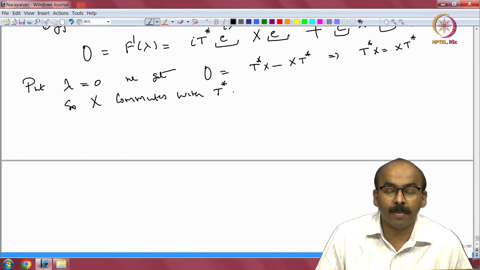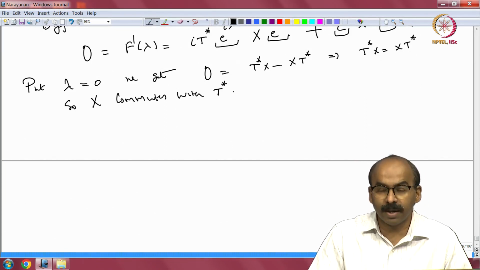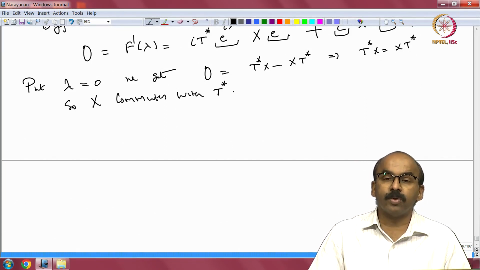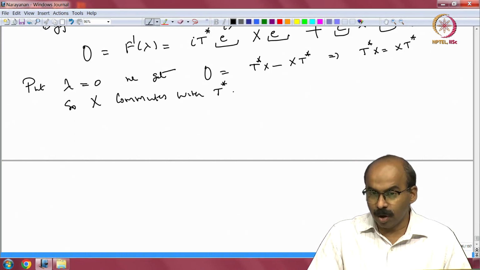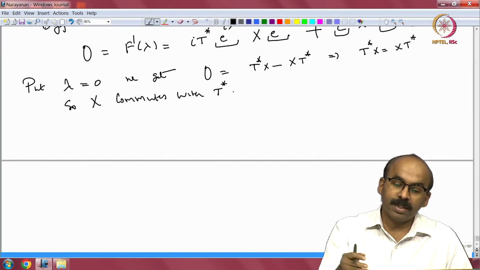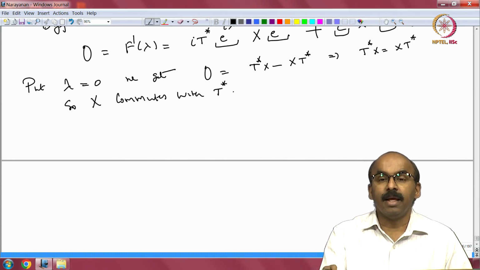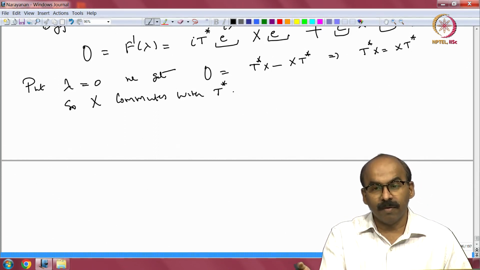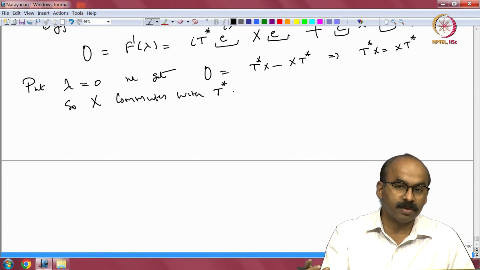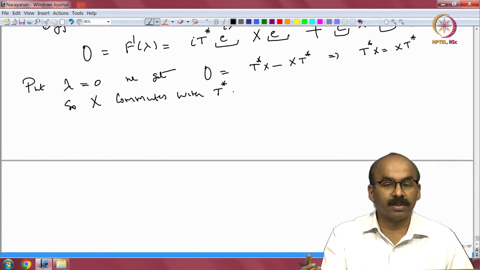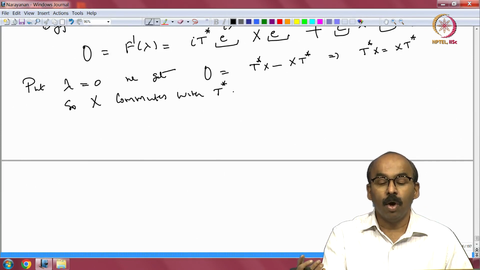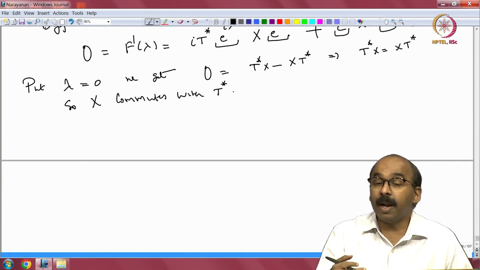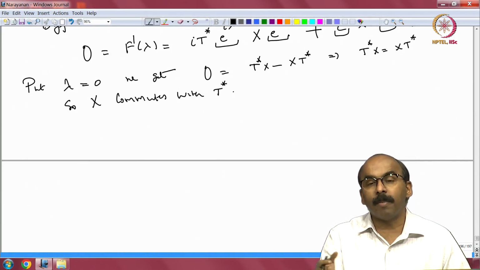So, that is why we did this and this tells me that if you have an operator which commutes with a normal operator, the first operator also commutes with the adjoint of this normal operator. And so, in this case x commutes with t, x commutes with t star, x will commute with any function of t, whether the function comes from continuous functions or bounded functions. In particular, x will commute with all the projections. We will apply this for commuting normal operators.